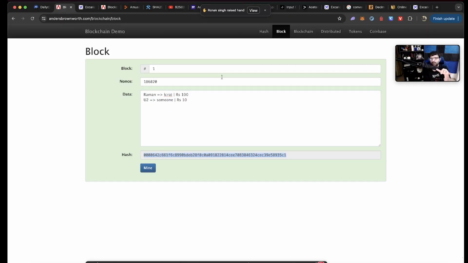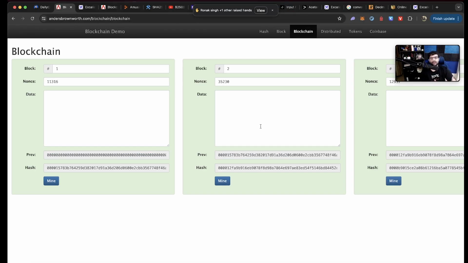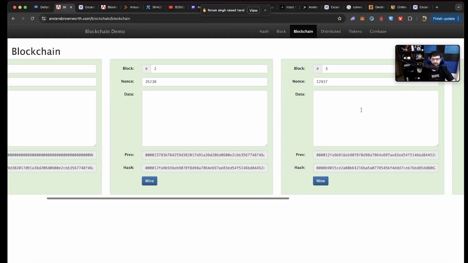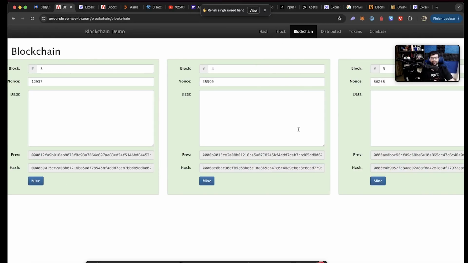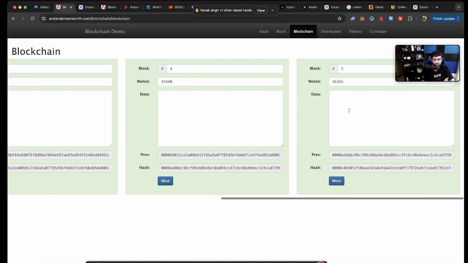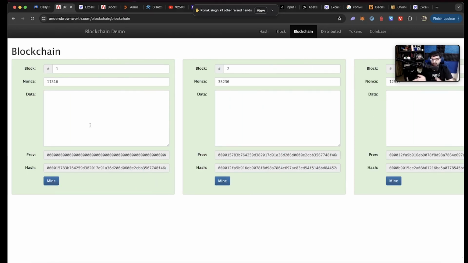This is a block. What is a blockchain? A blockchain is multiple such blocks. Bitcoin started in 2008. Today we are in 2023. Since then, all the transactions that have happened are one block after another block after another block, so on and so forth. This is how we have created a blockchain.